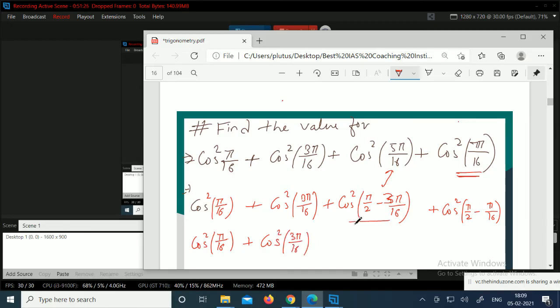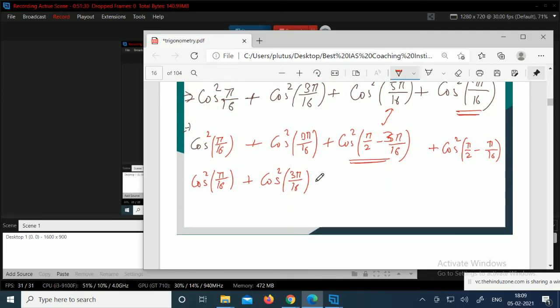So what is the value for this? Can I write sine square 3 pi by 16, using the 90 minus theta, pi by 2 minus theta formula? Or can I write this as sine square pi by 16?